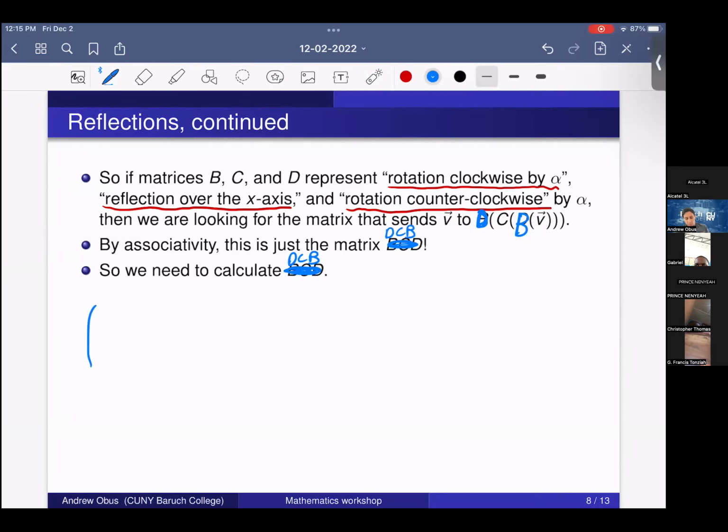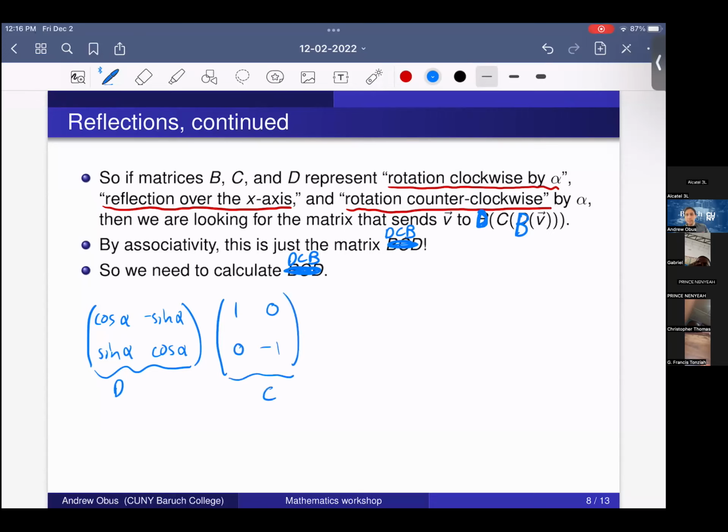So let me write down all of these matrices. D is rotation counterclockwise by alpha. We know what that is: cosine alpha, minus sine alpha, sine alpha, cosine alpha. This matrix is D. Then we have reflection over the x-axis. That's 1, 0, 0, minus 1.